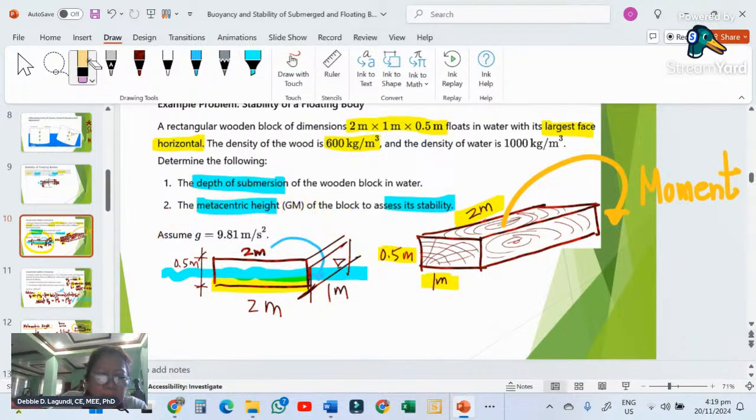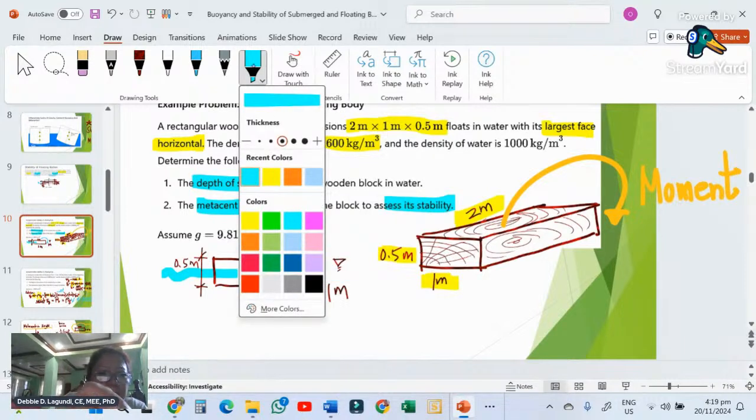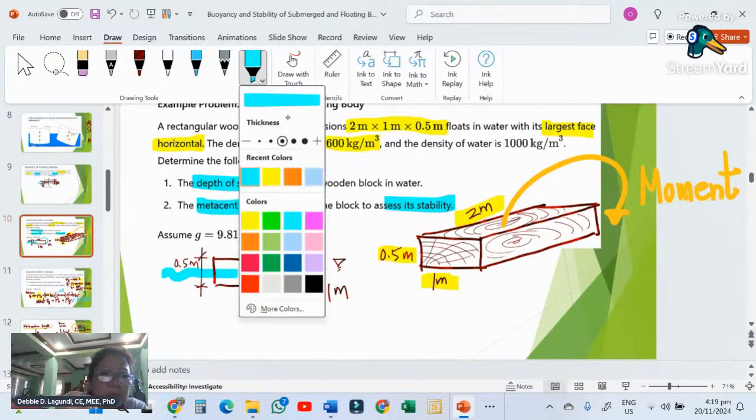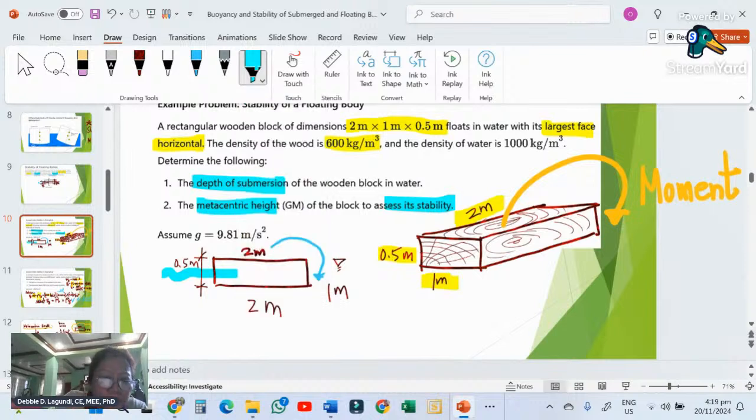I'm just cleaning up. There you go. I don't like a messy drawing.